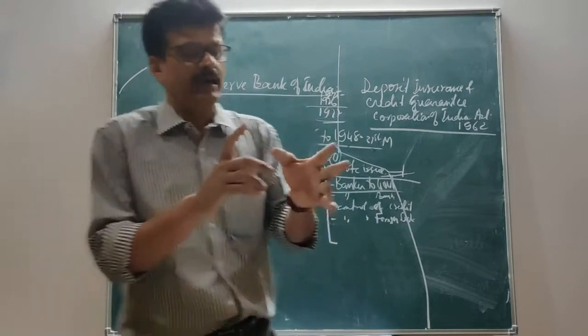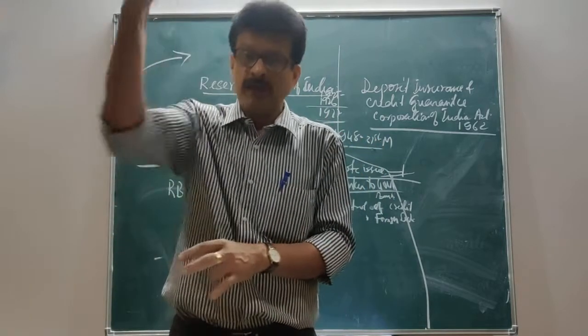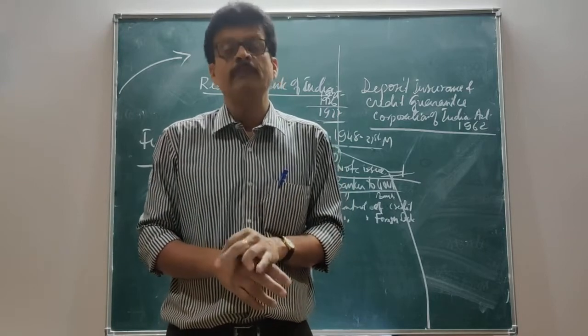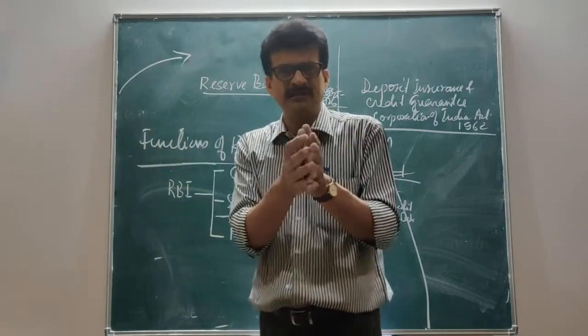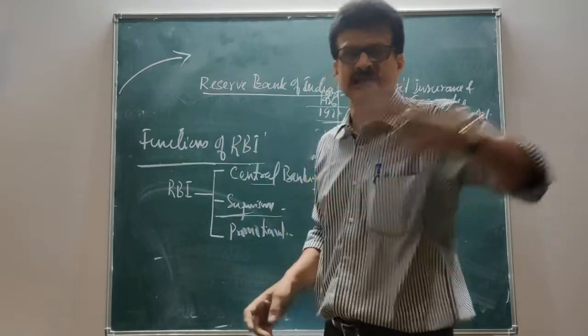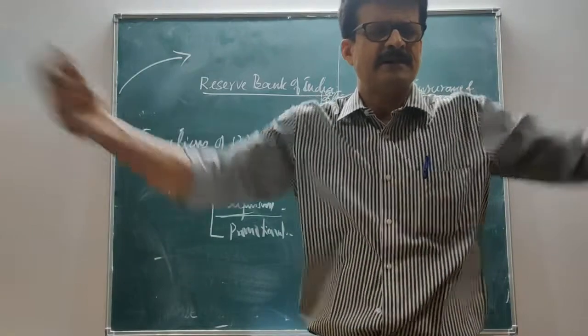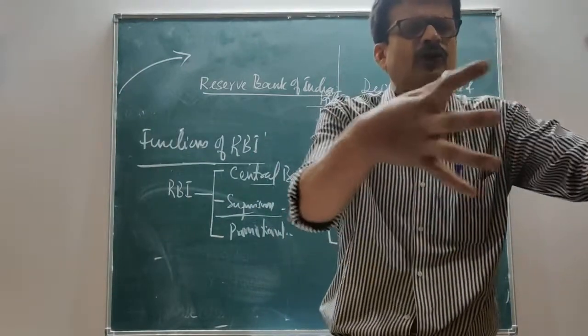Credit control by prescribing from time to time the bank rate, repo rate policy, and by open market operations. Open market operations means either purchasing or selling securities. When it is purchasing, your liquidity volume will be expanded. When it is selling, your liquidity volume will be contracted.